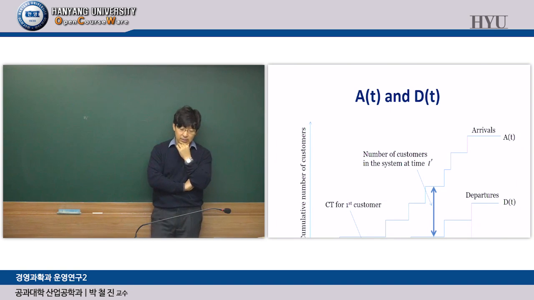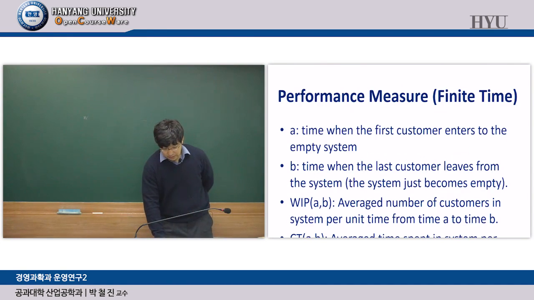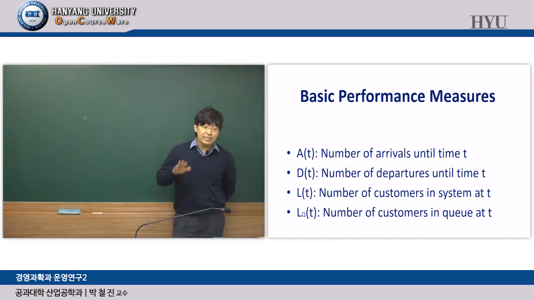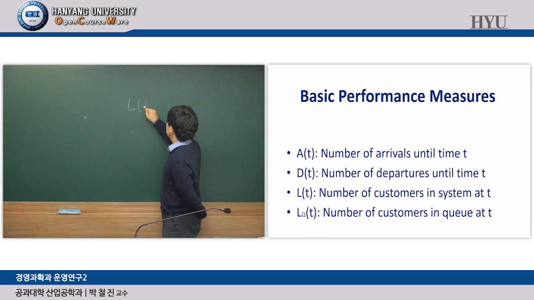Then we can think about that. For example, in the ATM machine case, at 8:05 this person A leaves the system, right? So at 8:05, the departure count D(t) increases by 1, and so on. Then the number of customers in the system, L(t), can be described by A(t) minus D(t).